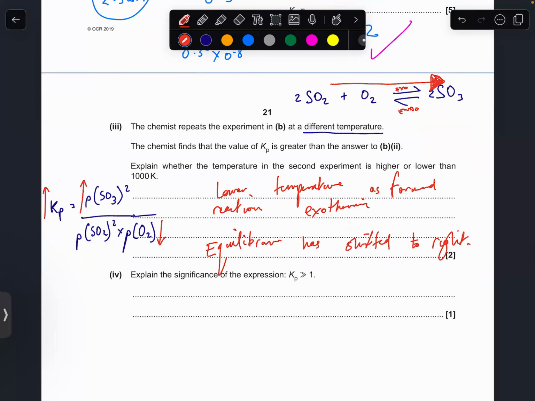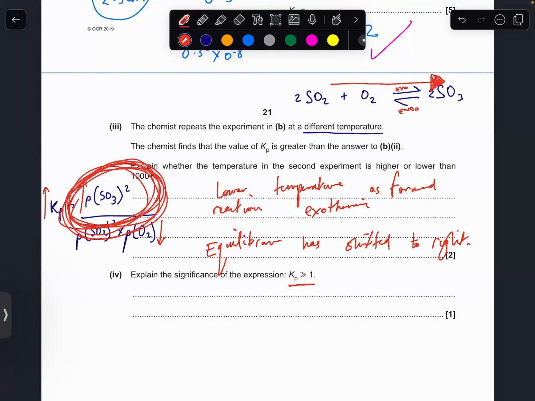Explain the significance of this expression Kp. It's a double greater than sign, 1. If it's greater than 1, that means the equilibrium is far to the right.